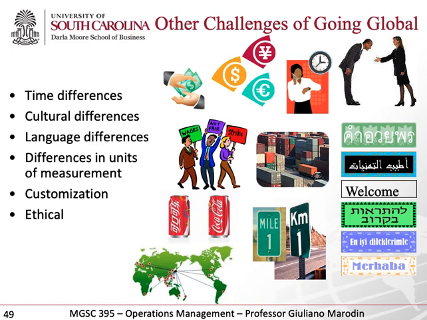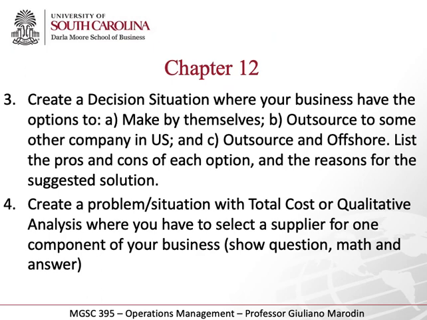Okay. But you have classes where you talk about international business, so I'm not going to go over too much there. Last slide of chapters 12 and 14. I want you to do these two questions about the company. Create a situation where your business has the option of making things by themselves, or outsourcing to some other company in the US, or outsourcing and offshoring, so another company outside the US.